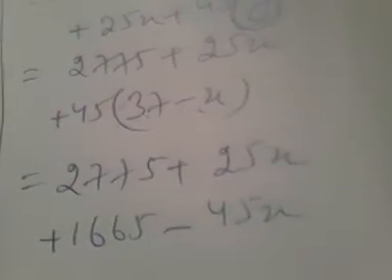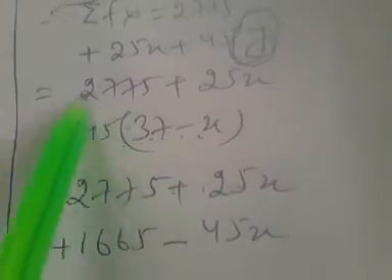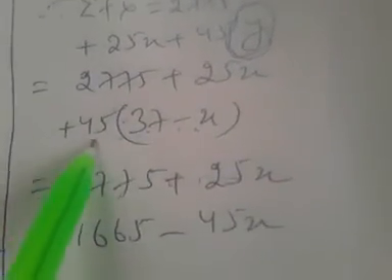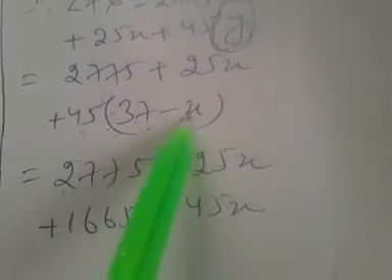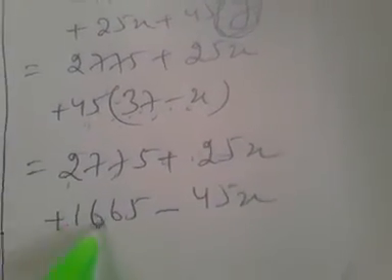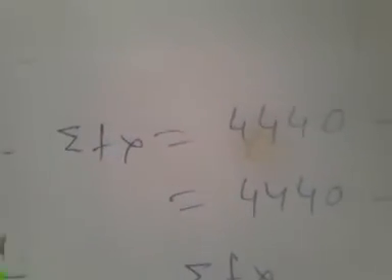Now further simplification will give us 2775 plus 25x as this number, but when 45 is multiplied by 37 minus x, it will give us 1665 minus 45x.